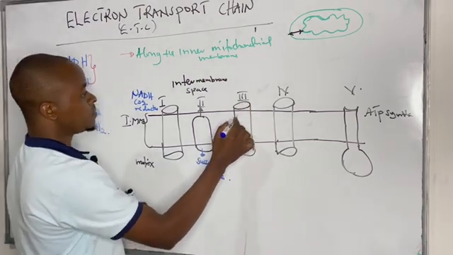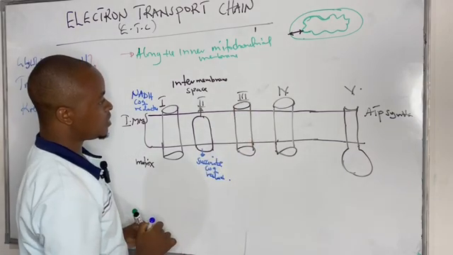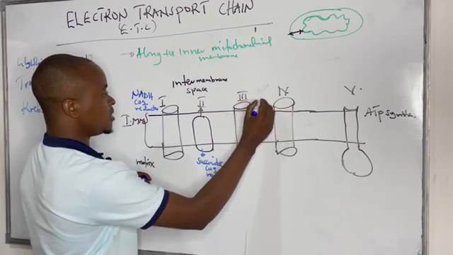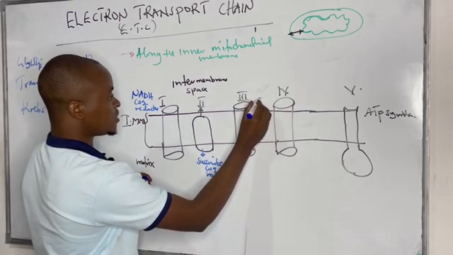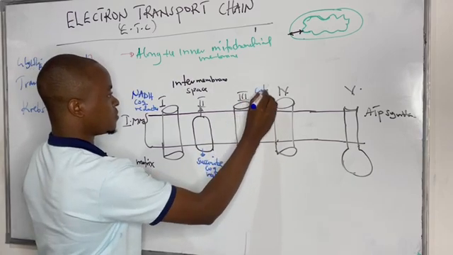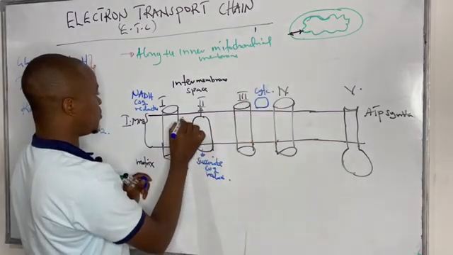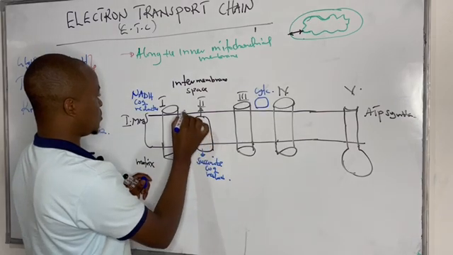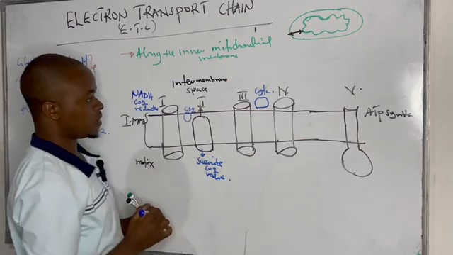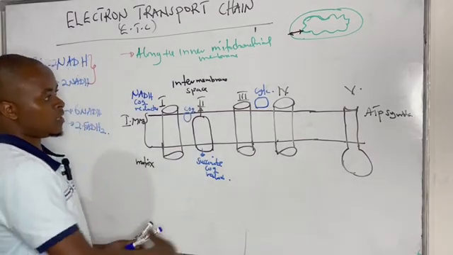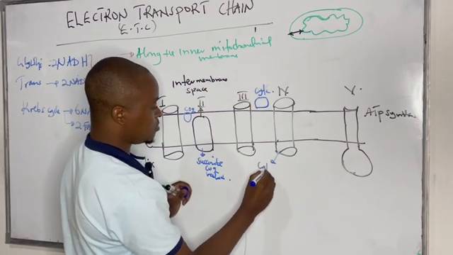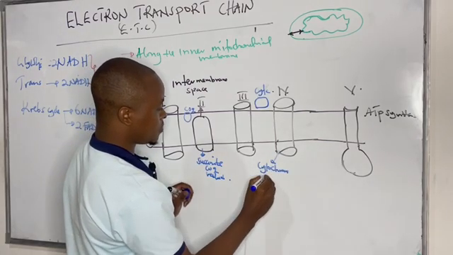Complex 3 involves cytochrome C, and we shall see cytochrome C playing a role here. Then we have coenzyme Q doing the role. Then this is cytochrome oxidase.